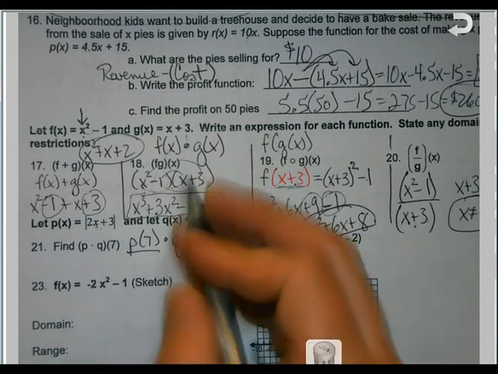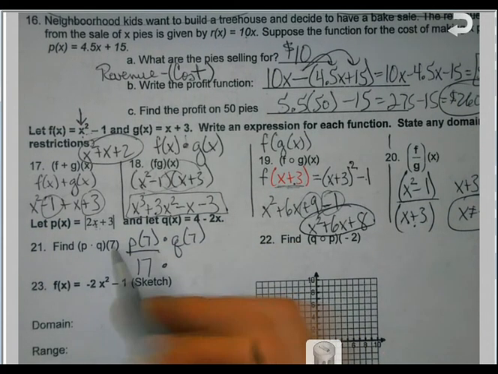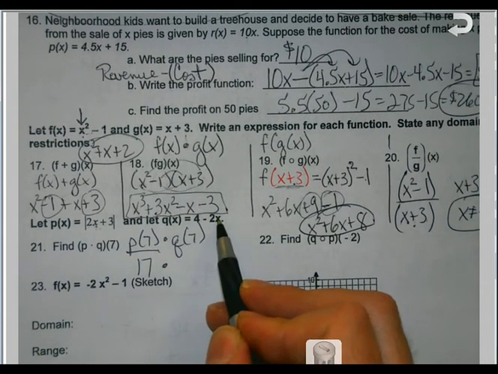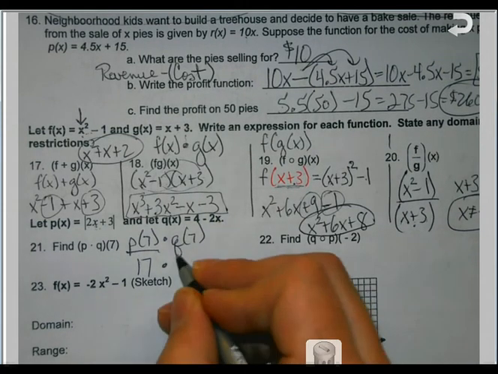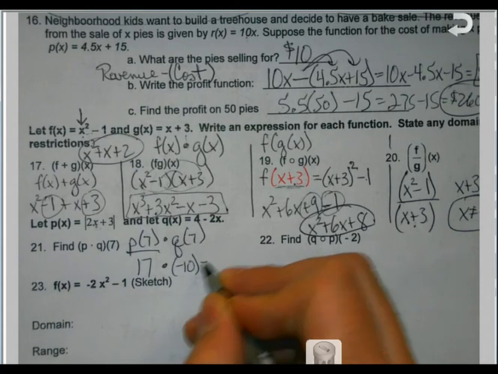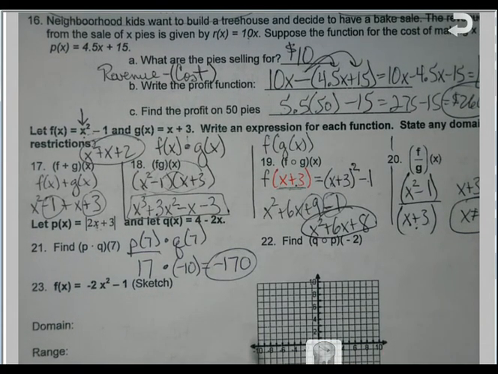Absolute value of 17 is still 17. Okay. Plug 7 in for x. 2 times 7 is 14. 4 minus 14 is -10, and times them together. Okay? Plug the number in.